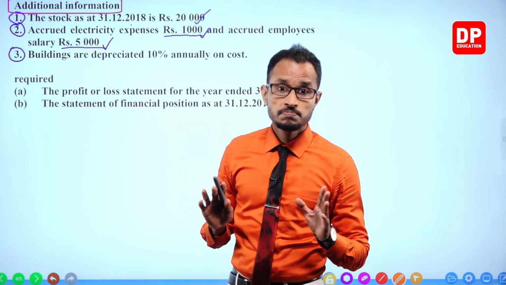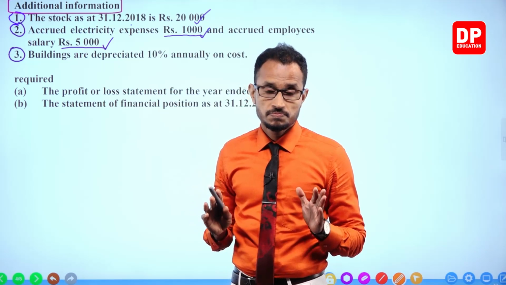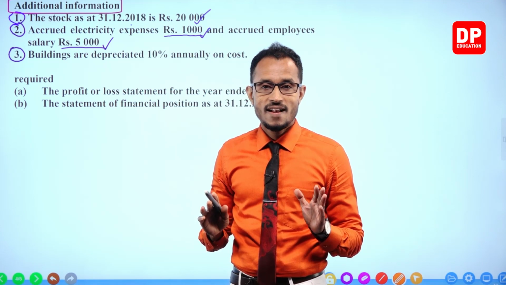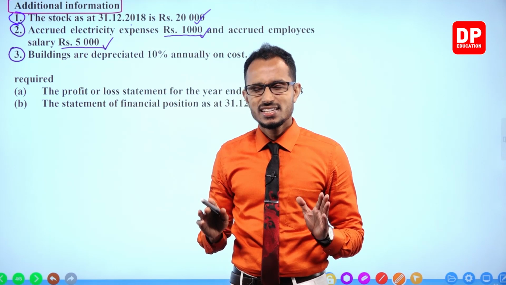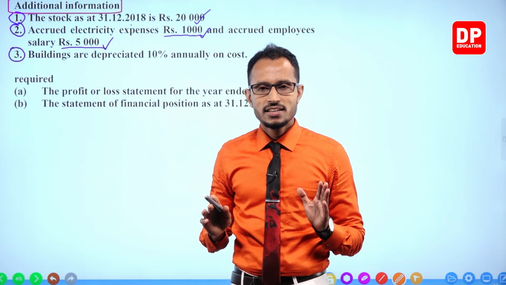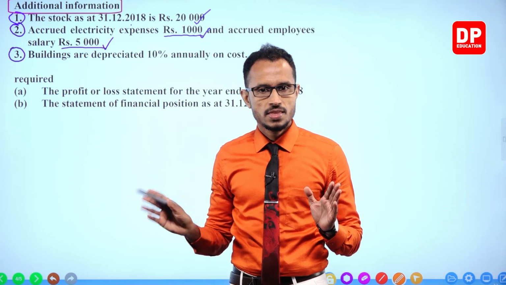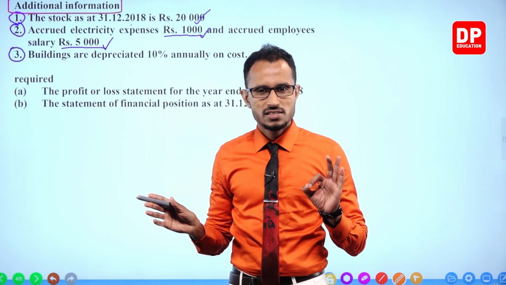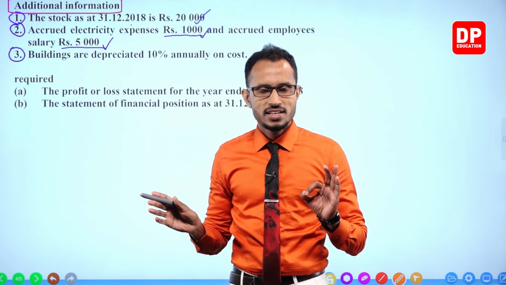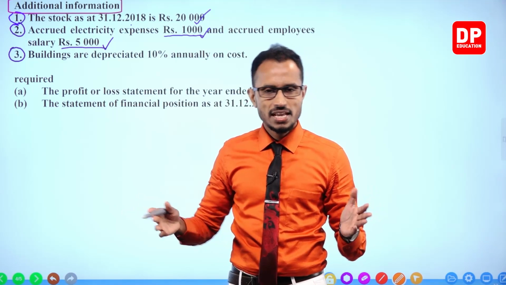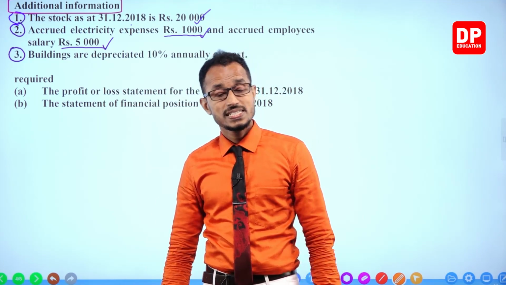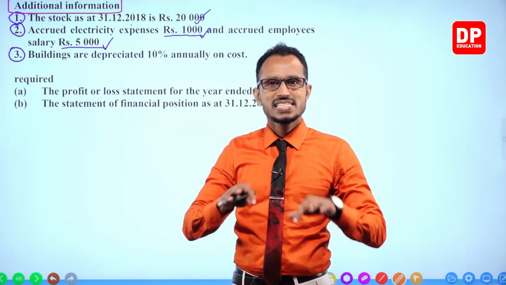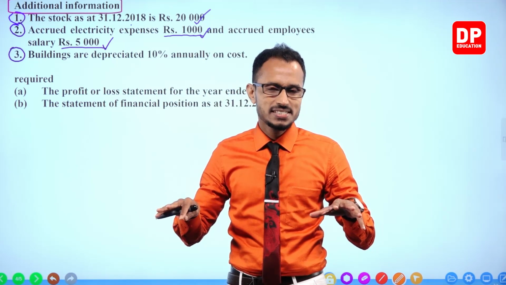Next adjustment. Third one. Now children, I must tell you this. There is a small mistake again on this paper. It can be a printing mistake, a typing mistake, when the paper was typed by the typesetters.